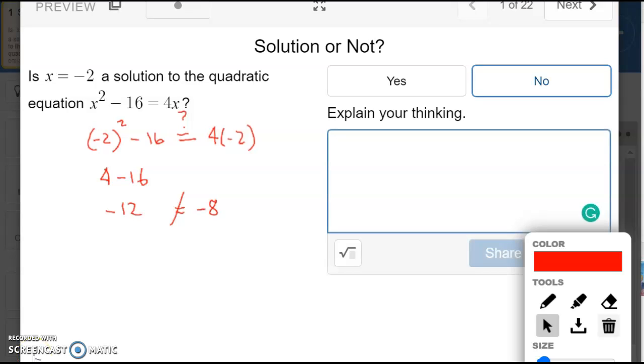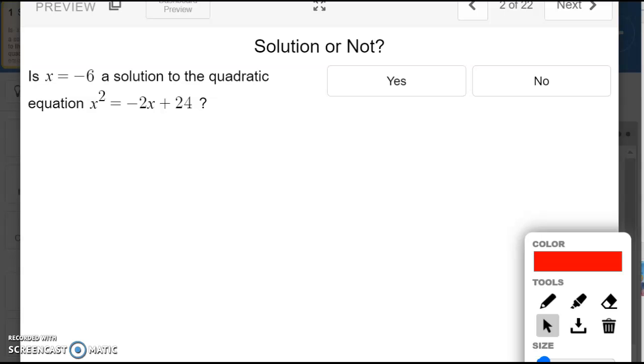Then you need to explain your thinking. Okay, then what about negative 6? Is this a solution to this equation? Again, you need to substitute that in. (Negative 6) squared, is that equal to negative 2 times negative 6 plus 24?